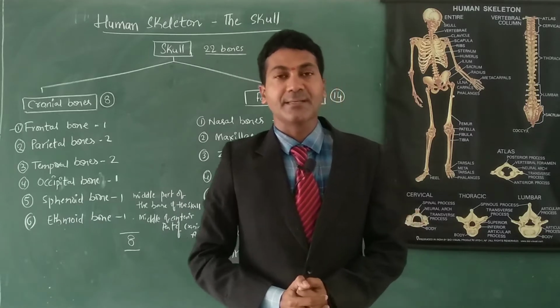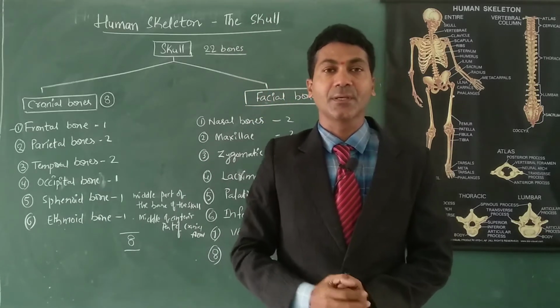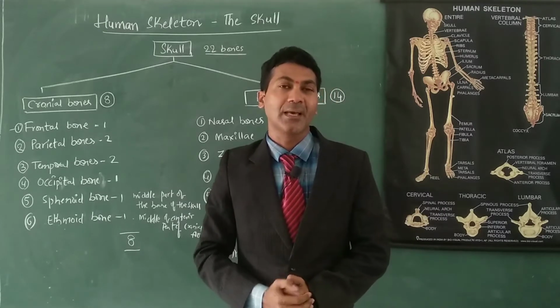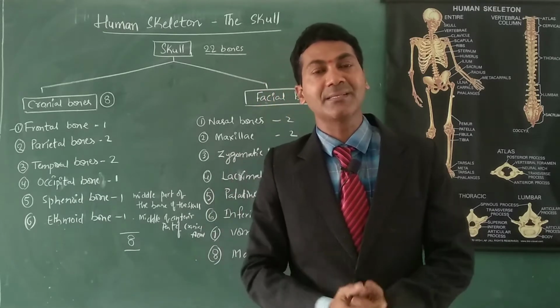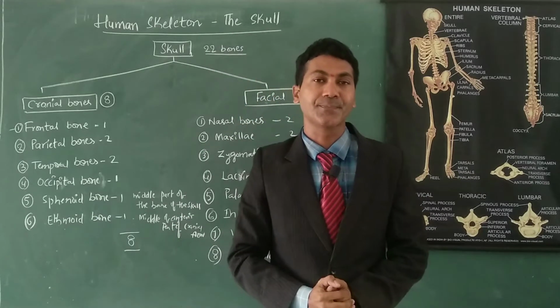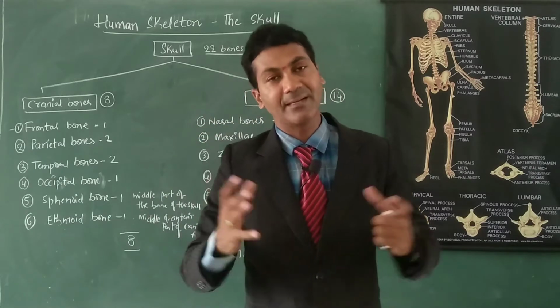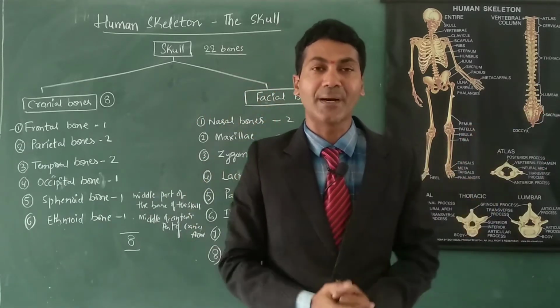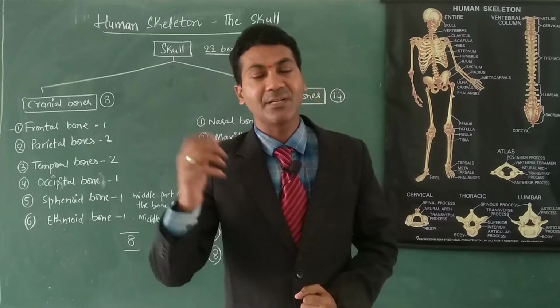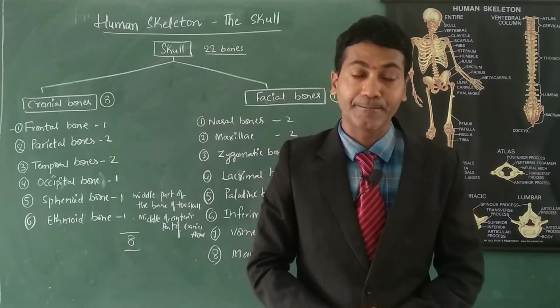My dear students, now I am going to explain you a part of the skeletal system, the skull. As you know, our human skeletal system consists of 206 bones. In a broad manner, the total skeletal system is divided into two parts: axial skeleton and appendicular skeleton.